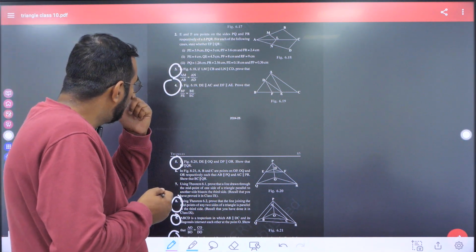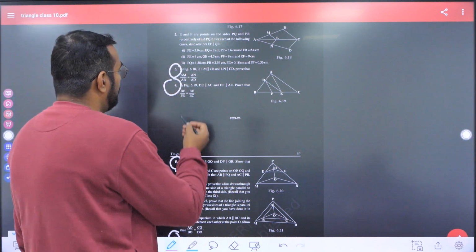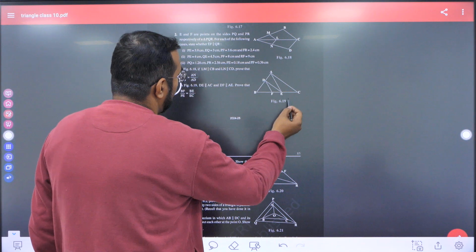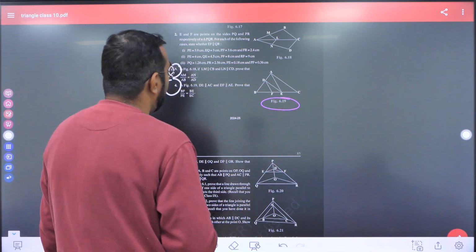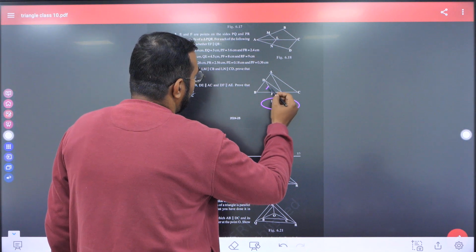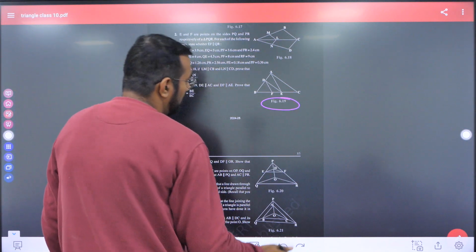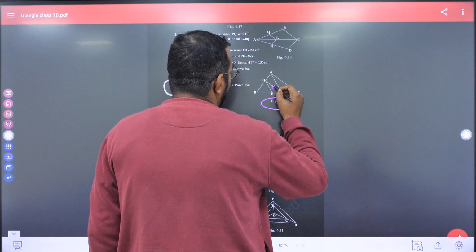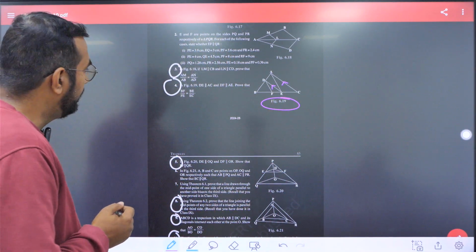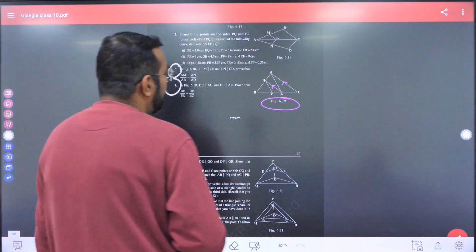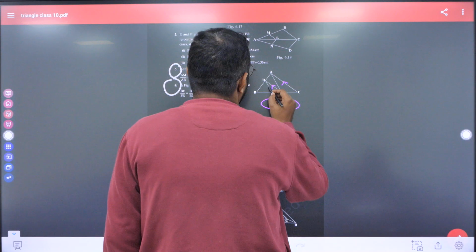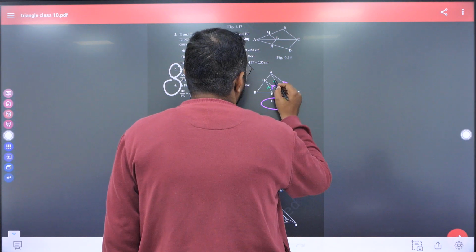So now in question number 4, it is given that in figure 6.19, DE is parallel to AC, and DF is parallel to AE, meaning this line is parallel to this line.